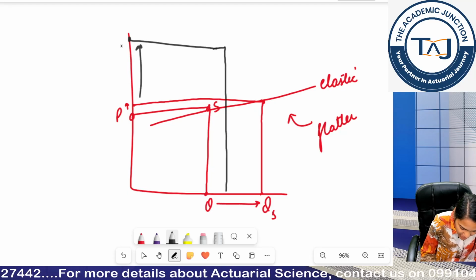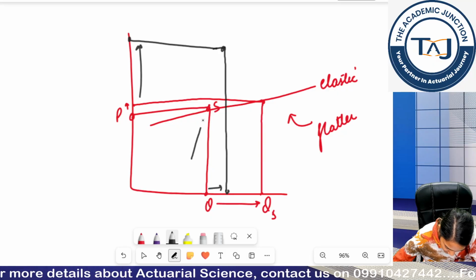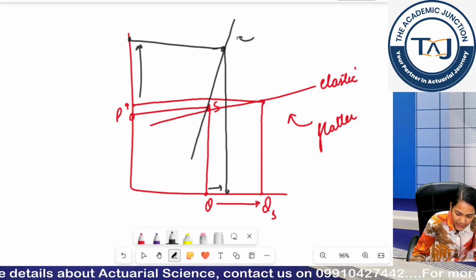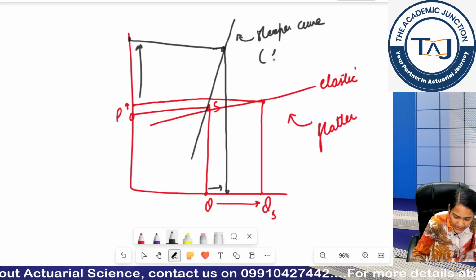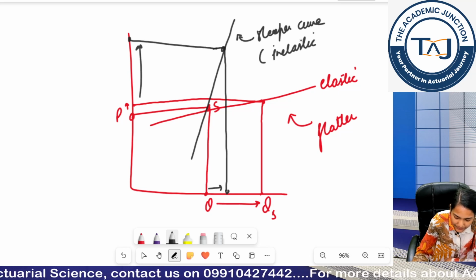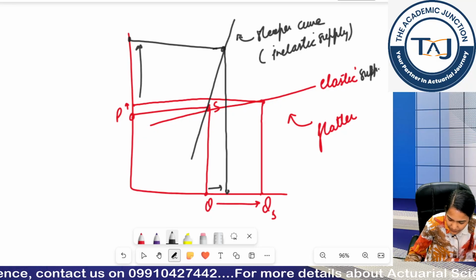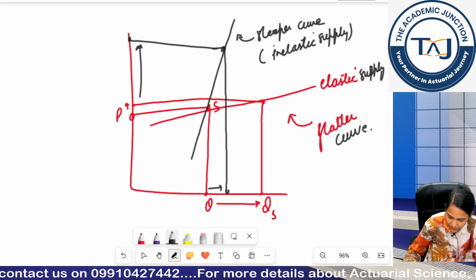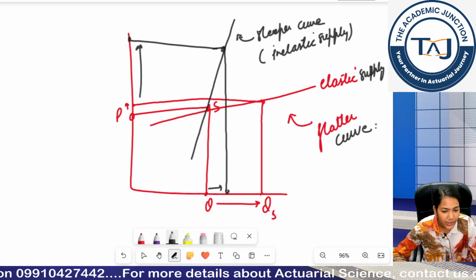With this much change in price, I am getting only this much change in quantity. So how does my curve look now? It is a steeper curve. It means inelastic supply. Clear? Okay.